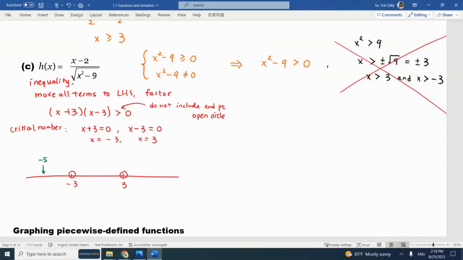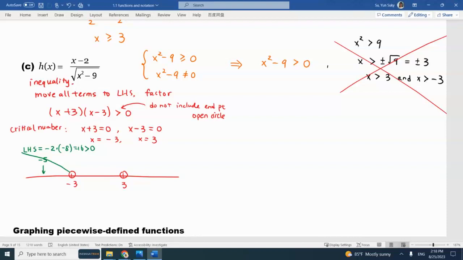We plug in -5, and our left-hand side becomes -5 plus 3, which is -2, multiplied by -5 minus 3, which is -8. -2 times -8 is 16, right? Which is positive, so you can put it above the line.